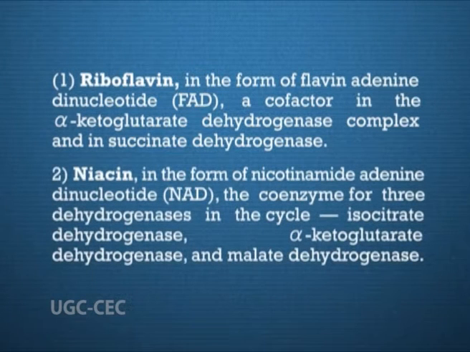Number 2, niacin in the form of nicotinamide adenine dinucleotide or NAD, the coenzyme for 3 dehydrogenases in the cycle, isocitrate dehydrogenase, alpha-ketoglutarate dehydrogenase, and malate dehydrogenase.